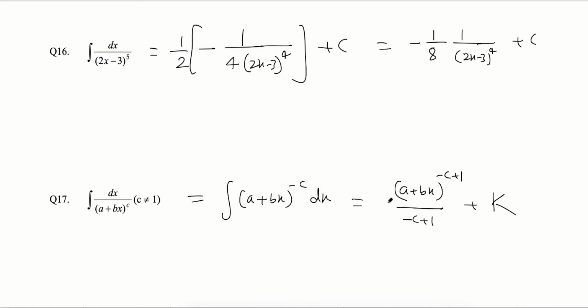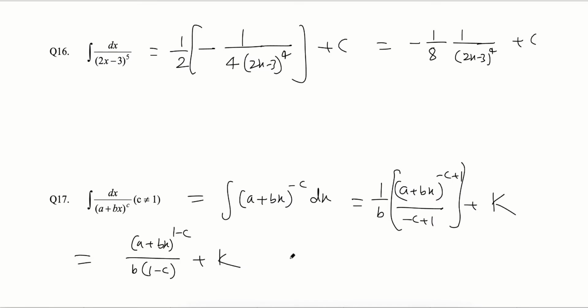Here we apply the formula of x power something, but this is not basically x. So we have to divide by the coefficient of this. So this total into 1 by b, because the coefficient of x is b. So finally your answer will look something like this: (a plus bx) power 1 minus c divided by b into (1 minus c) plus k. I hope all of you understood why they mention c not equal to 1.